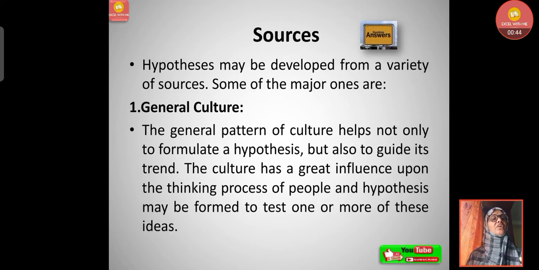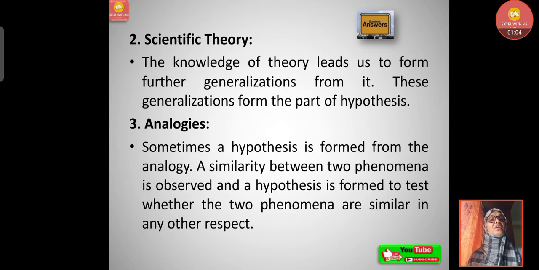And we understood what the sources are, that is general culture, what pattern of culture helps to formulate our hypothesis, that will guide us to have great influence upon our thinking process, and also form to test one or more of these ideas. And then scientific theory, we understood that the knowledge of theory leads us to form further generalizations.